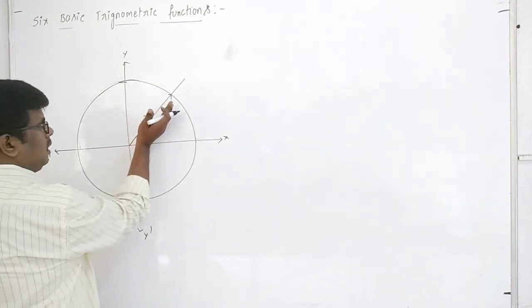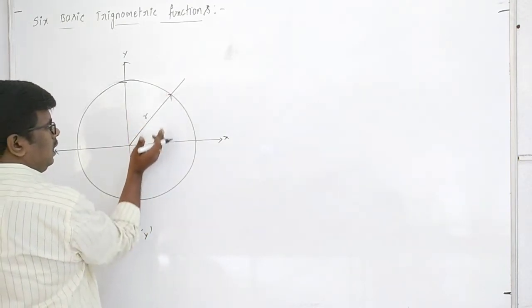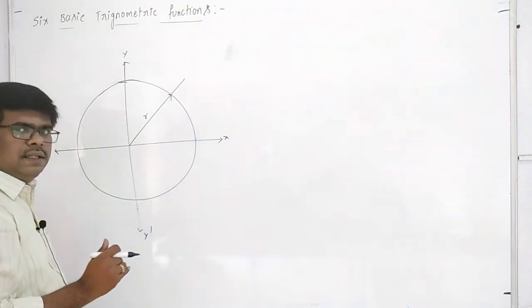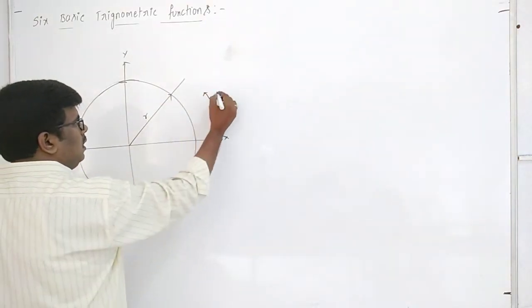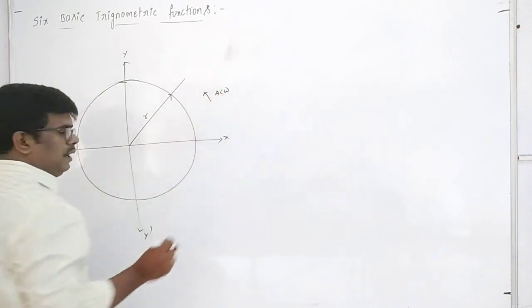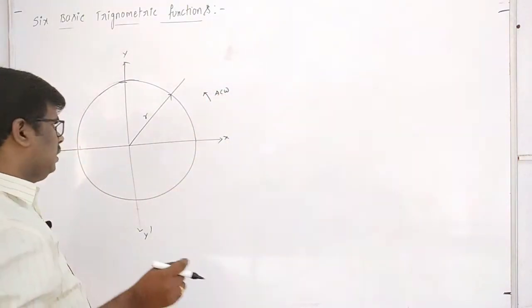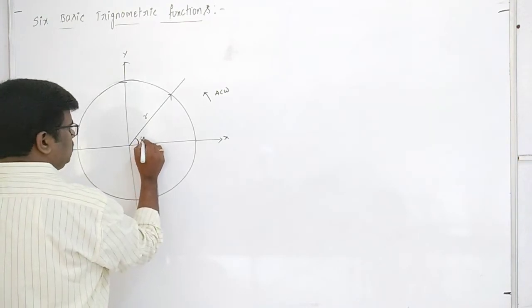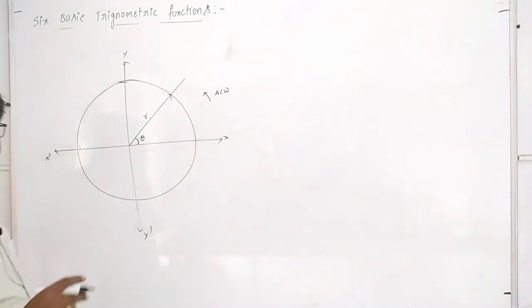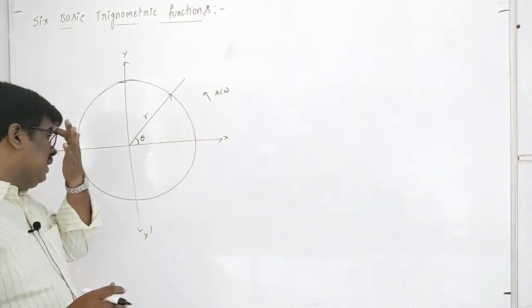This radius vector is rotating in the anticlockwise direction like this. Anticlockwise means the angle is measured as positive. This angle is theta, because we don't know exactly how much angle it is.